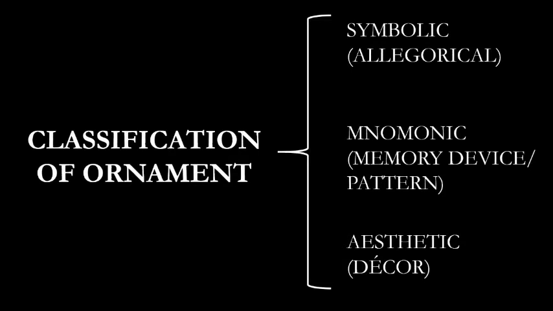The same could be said of using ornament as a mnemonic strategy to convey learning and understanding. It could remind us or teach onlookers something by using lettering, patterns, or other memory devices. And lastly, we use ornament if we want to add to the aesthetic quality of a space or object and enhance its atmosphere or ambiance through the use of decor.